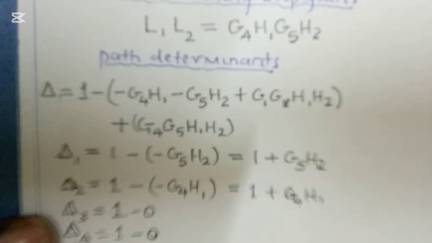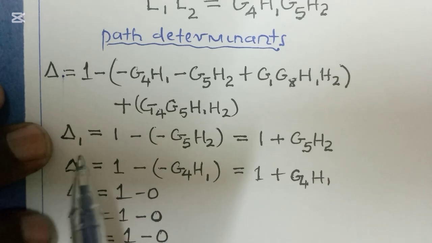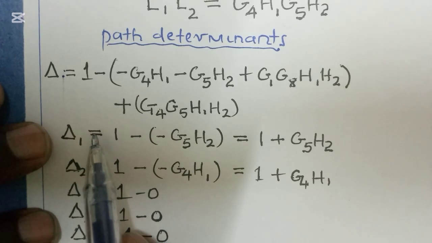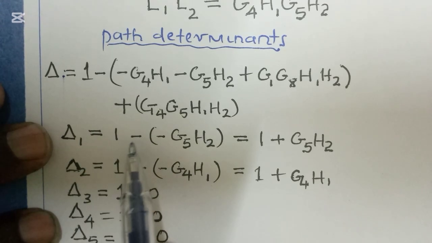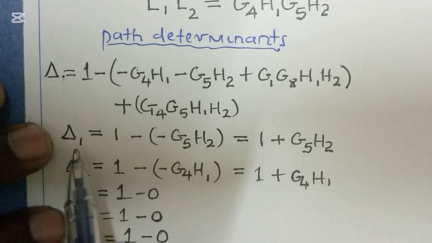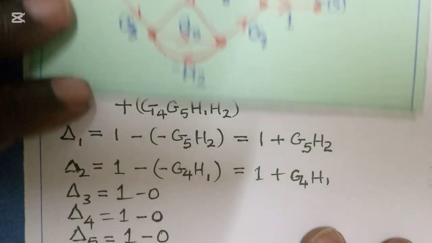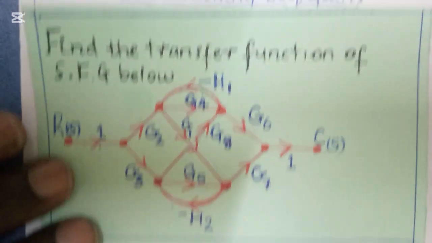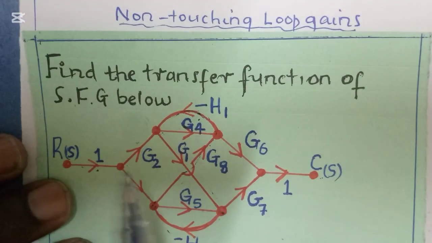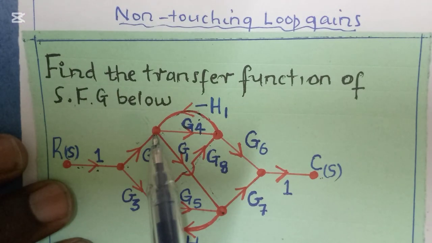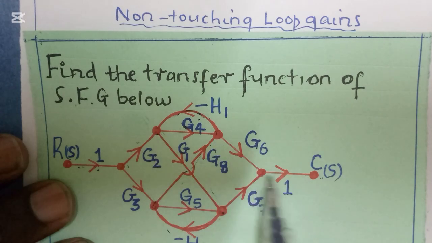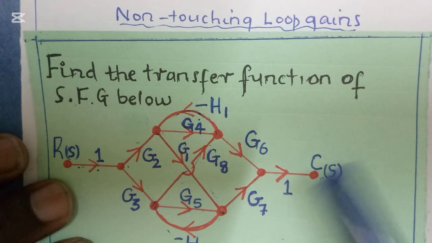We come now to the delta 1. Delta 1 will be 1 minus. That will be the delta when the first path is removed. So guys, if we come and remove the first path, and the first path we had was moving through this route, that route, and we went until this point.